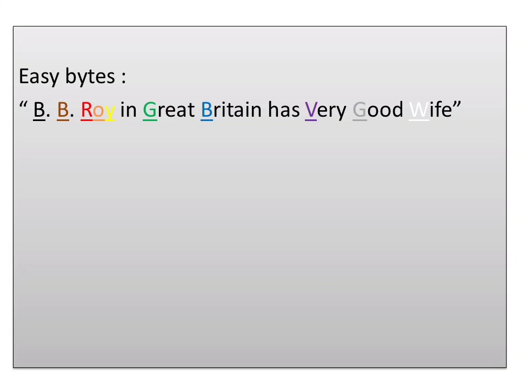Now, you will find it difficult to memorize the color code sequence. No need to worry. We have a one-liner which will help you out. B.B. Roy in Great Britain has a very good wife.